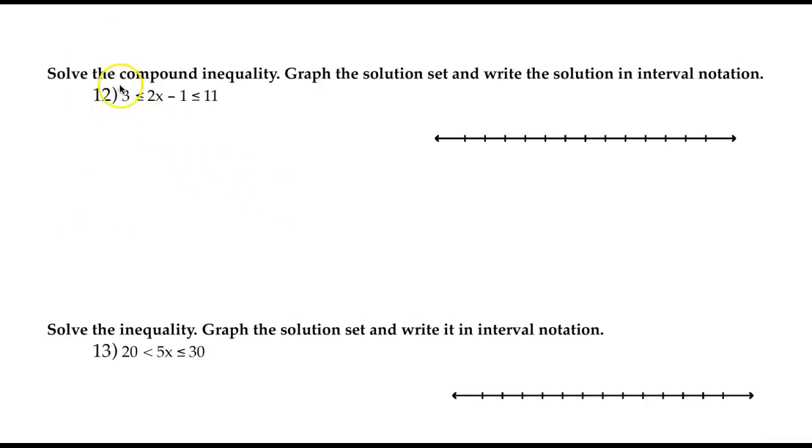For example, for number 12, this is an abbreviated way of actually saying that 2x minus 1 is greater than or equal to 3, and at the same time, 2x minus 1 is less than or equal to 11. Okay, but since we're able to take conjunctions and write them in an abbreviated form, it actually makes it easier to solve these types of inequalities if we write it the way that we have it here.